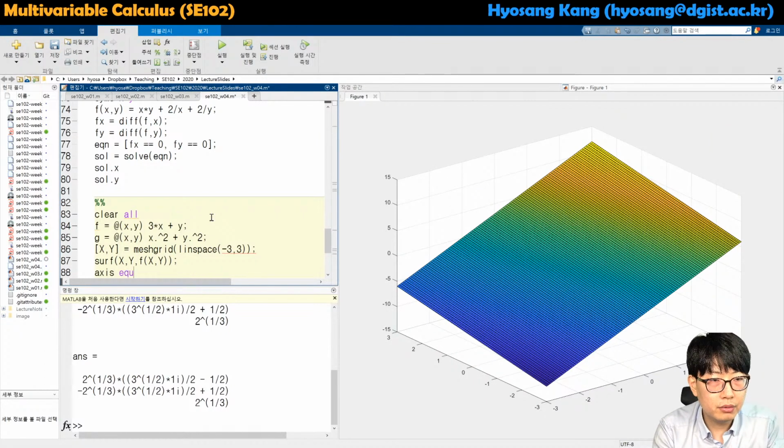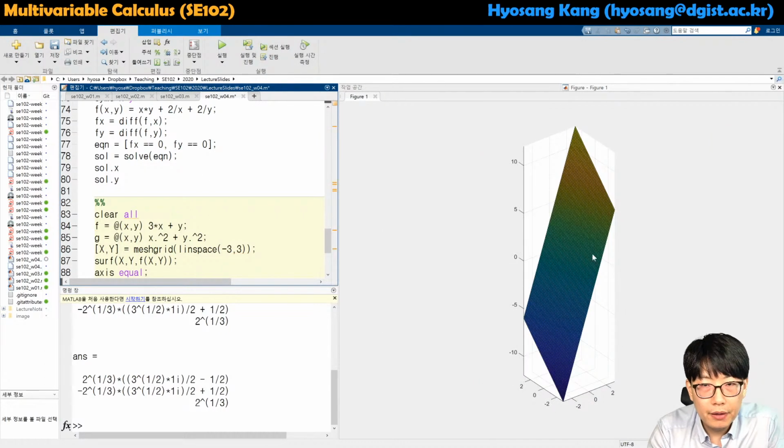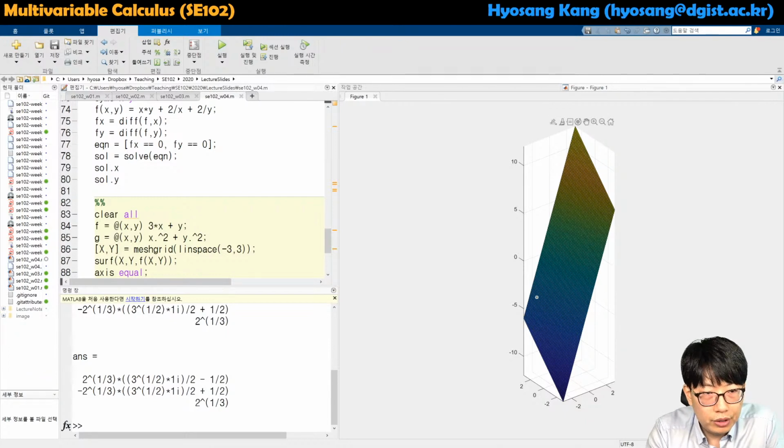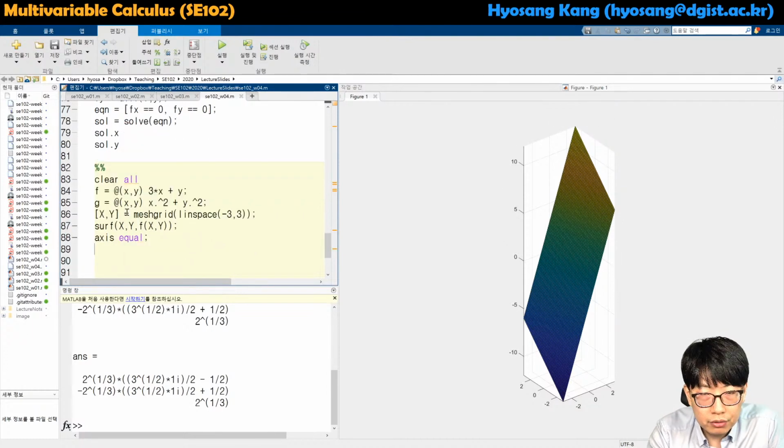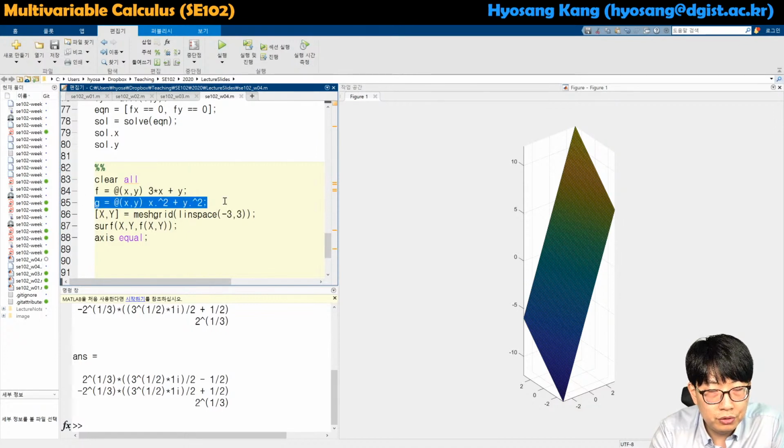Then surf x, y and f(x,y). So you see, what you can expect is that this is the graph of some plane. I'm not going to graph the graph of g. g is used to define the constraints, so we're not going to use the graph of g.